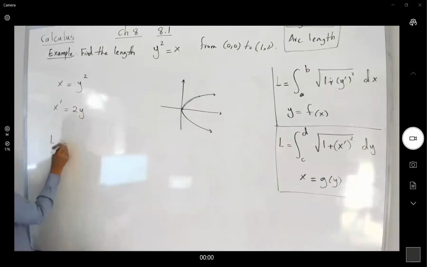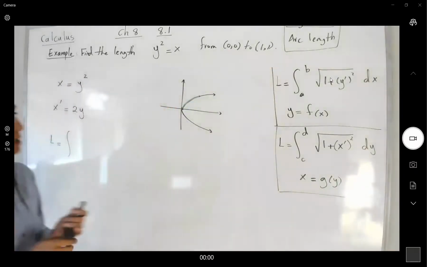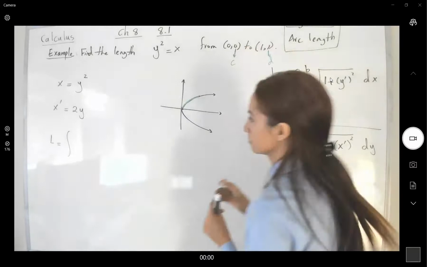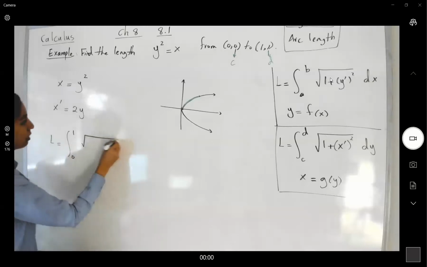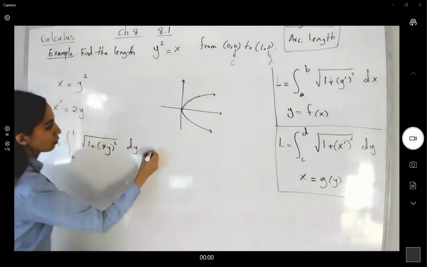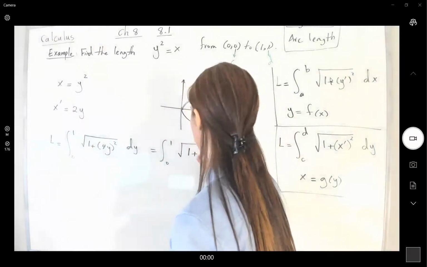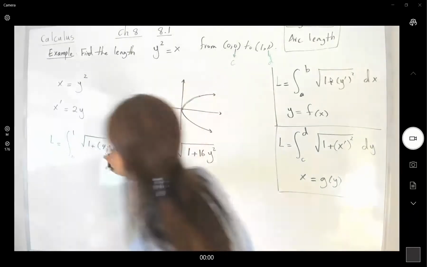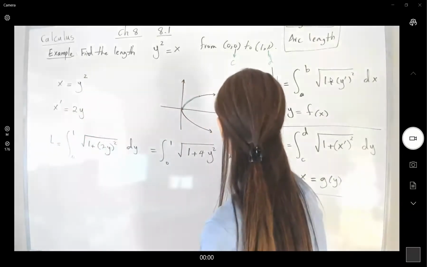Then L is equal to, my y starts from 0 and goes to 1, so this is my c, this is my d, the integral from 0 to 1 of the square root of 1 plus 4y squared dy.